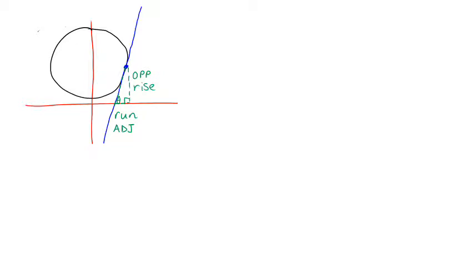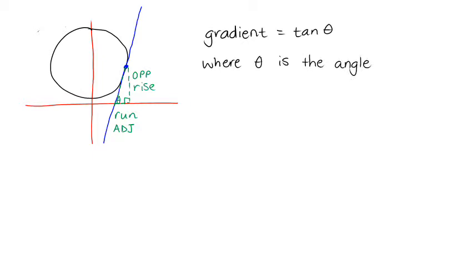So what we actually find is that the gradient, which is rise over run or opposite over adjacent, is tan theta, where theta is the angle made with the tangent line and the positive side of the x-axis.